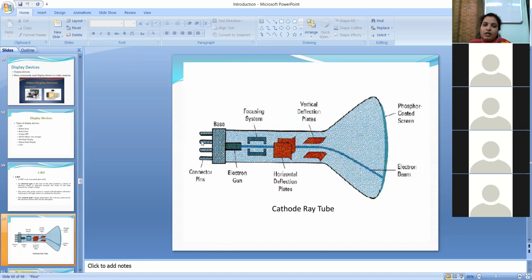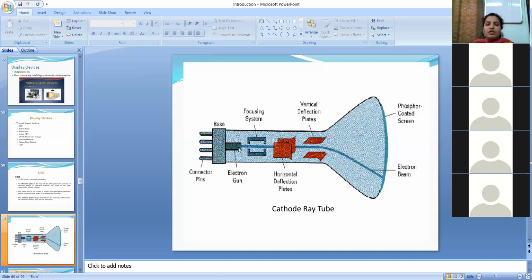On the other end, it has the electron gun with connector pins and base. The electron gun is mounted on this base and is connected with the connector pins, where we can apply the voltage, and this electron gun will start emitting the electrons.